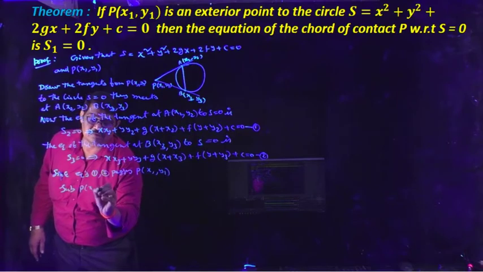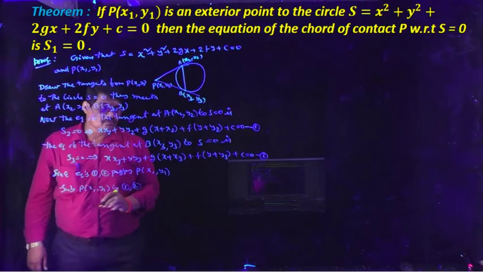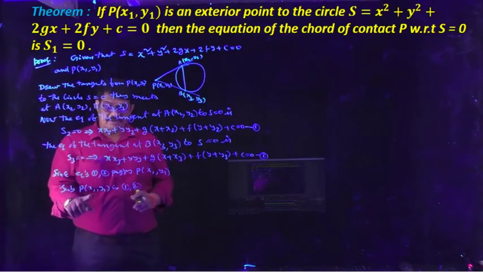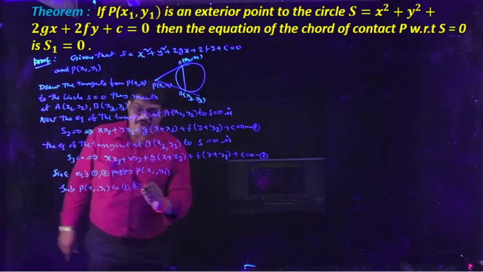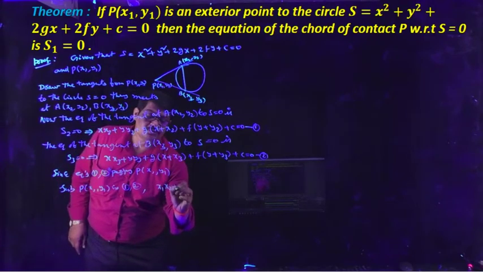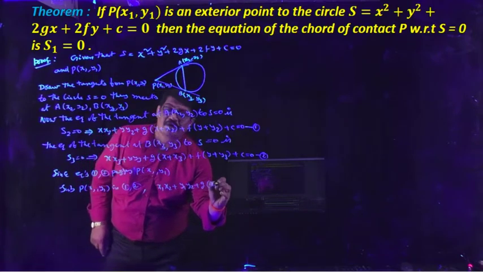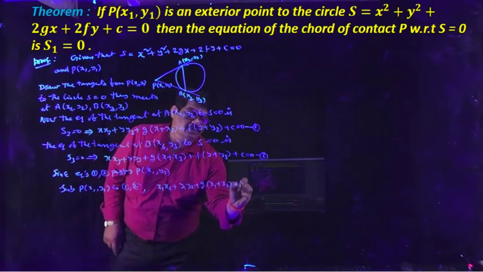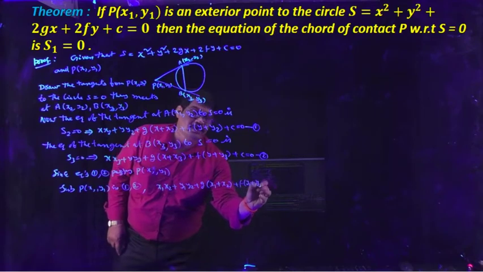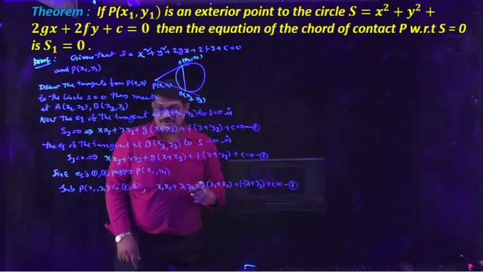Now substitute x1, y1 in equation 1. We are getting the equation x1x2 + y1y2 + g(x1 + x2) + f(y1 + y2) + c = 0. This is equation 3.